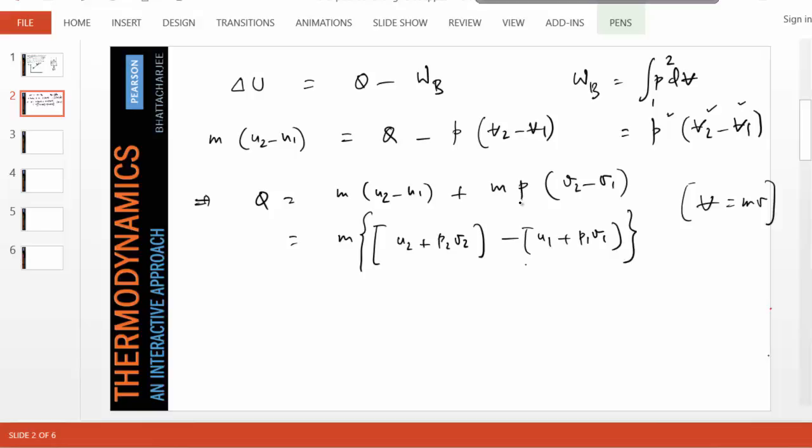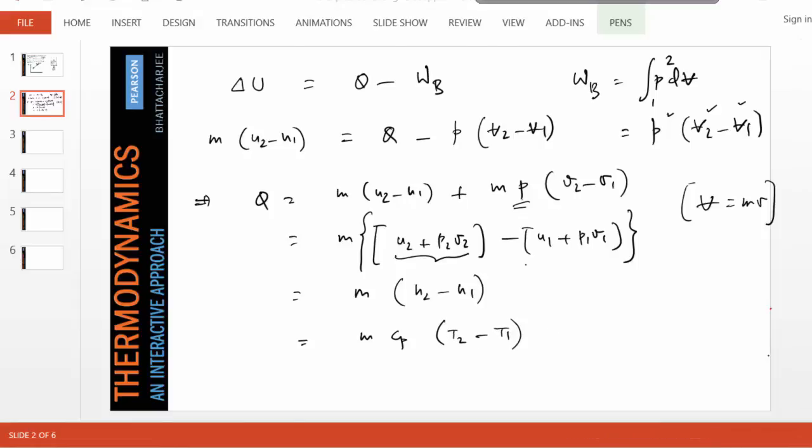Because pressure doesn't change in this problem, I can write it as P1 or P2. And if you recall the definition of enthalpy, we end up with a simpler formula. Q equals m times H2 minus H1. And so far it's model independent. For the PG model, it's simply Cp times T2 minus T1.